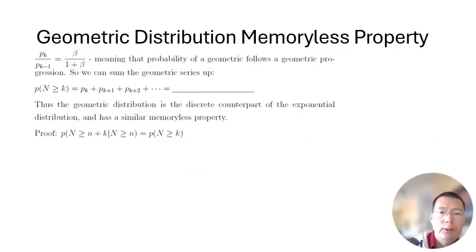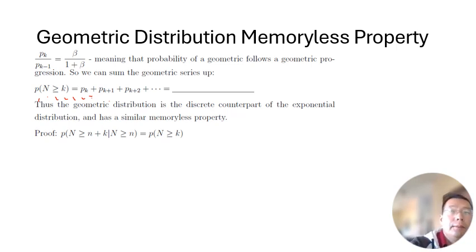The geometric distribution has a very special property, which is the memoryless property. To understand this, we need to take a look at these formulas first. First, p_k over p_k minus 1 is beta over 1 plus beta. This was given. Then, second, we want to ask for the probability of m greater than k, which just means you have to sum up all the p_k, p_k plus 1, p_k plus 2, and so on.